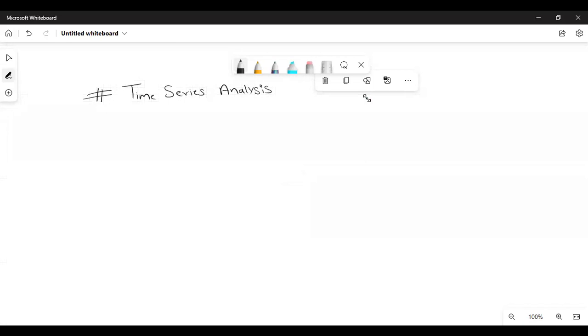How many components do we have? Which are the 4? What is the meaning of trend, guys? So we have 4 components: trend, seasonal, cyclical, and random.